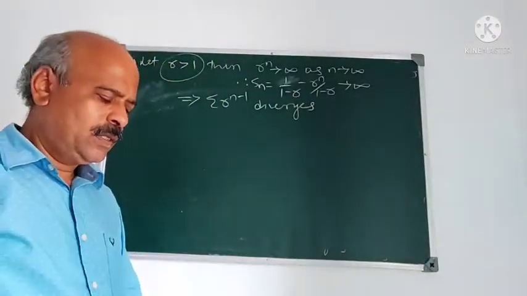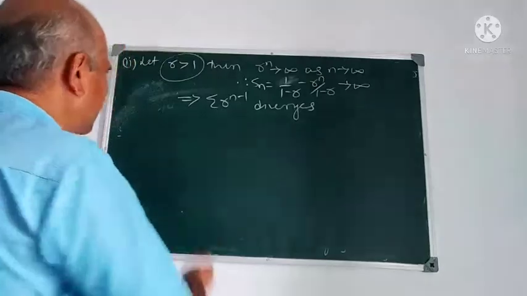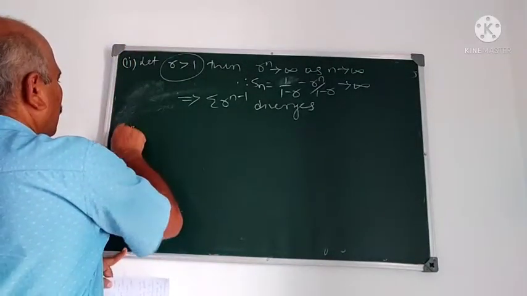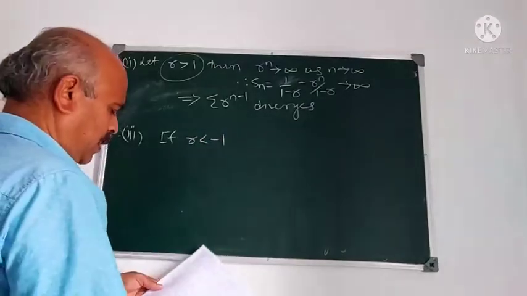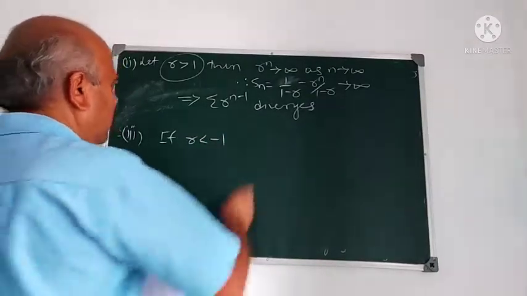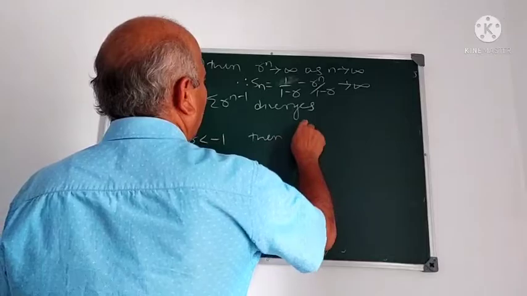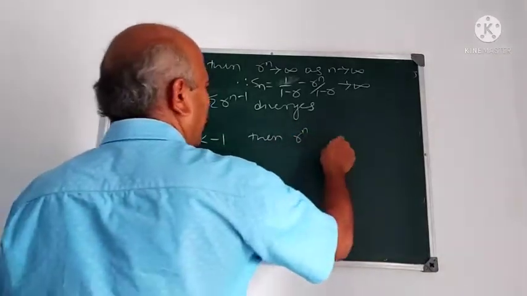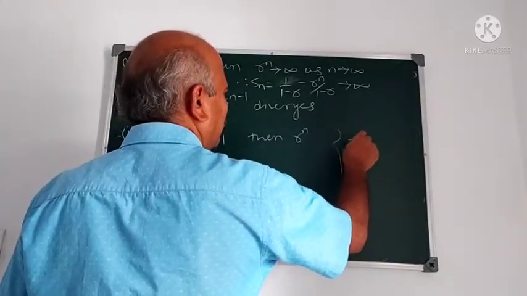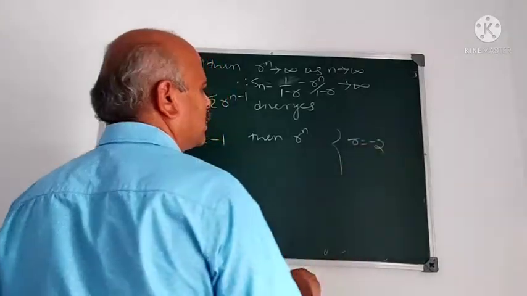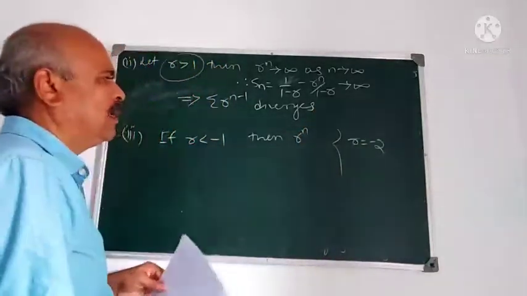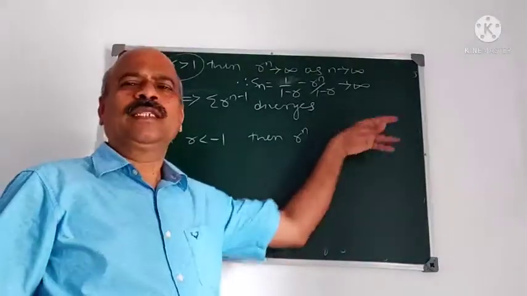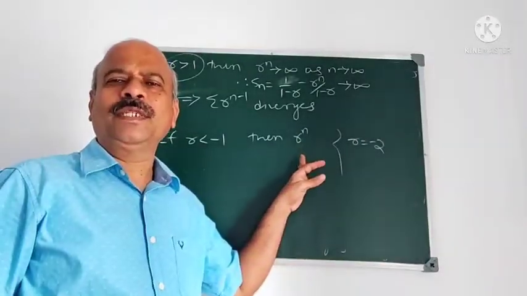Diverges to infinity. Now, case 3. If r is less than minus 1, then r raised to n, for example, I take r as minus 2. Then what is r raised to n? Minus 2 raised to n lies between minus infinity and infinity as n tends to infinity.